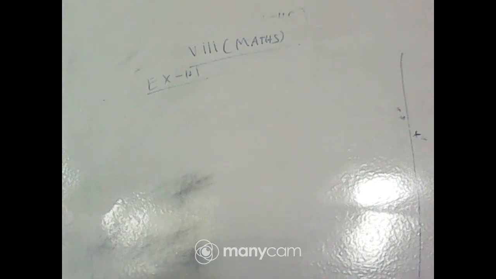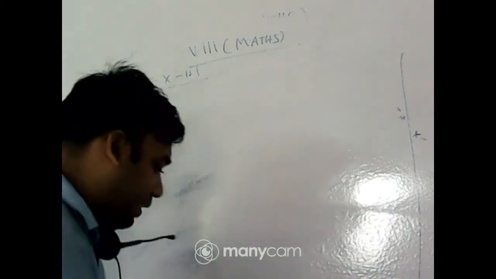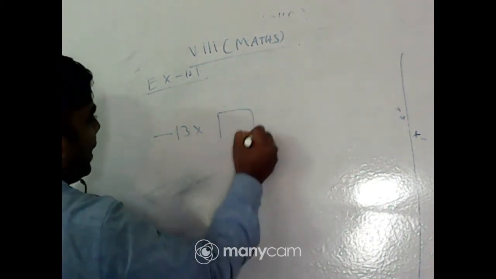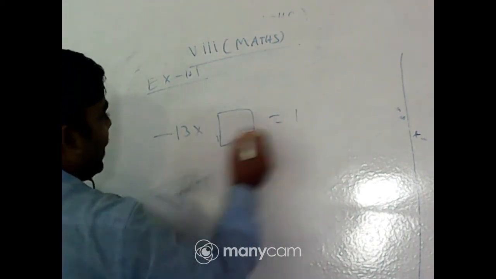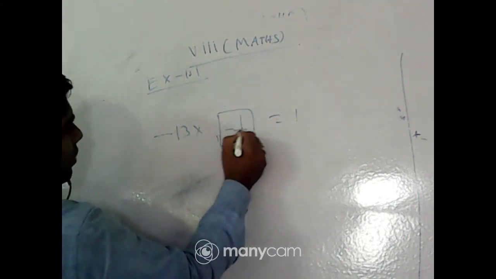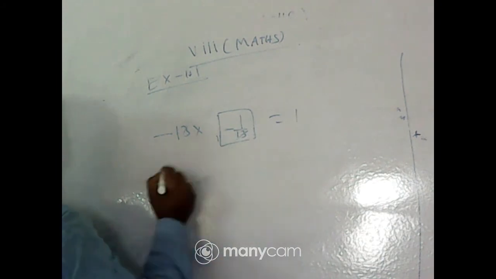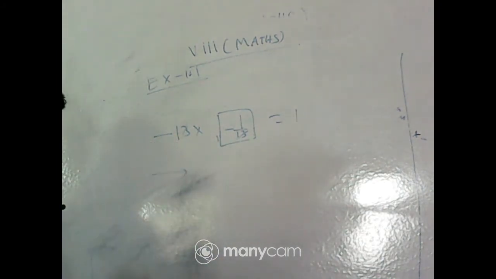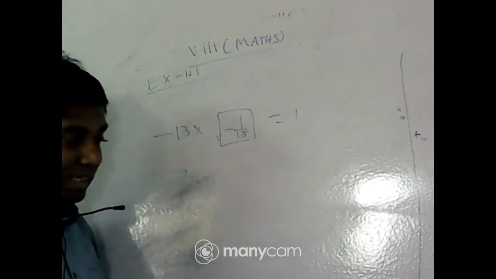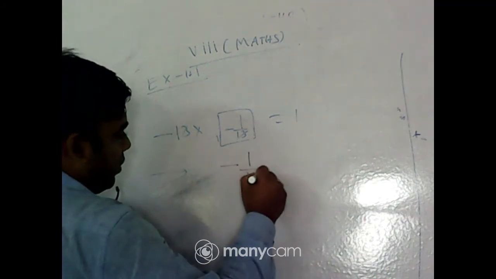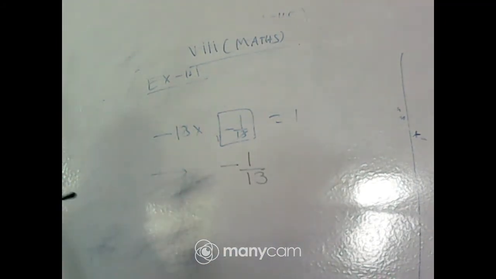Almost all of you have the answer. Minus 13 means we multiply by a number such that the result will give you 1. So it is negative, so its sign will also be negative. Minus 1 by 13, so 13 removes. The multiplicative inverse of minus 13 is minus 1 by 13. Is it clear? I hope it is clear to everyone.